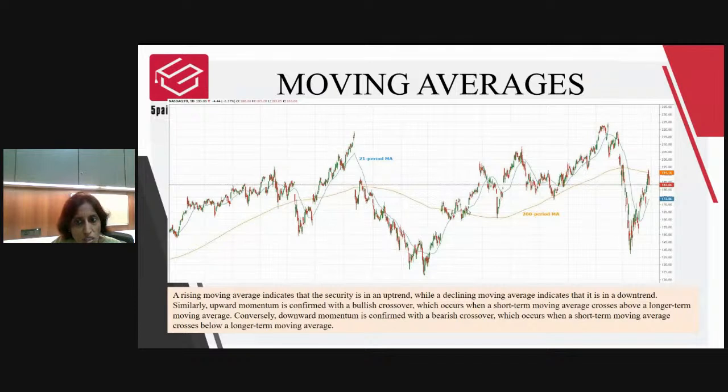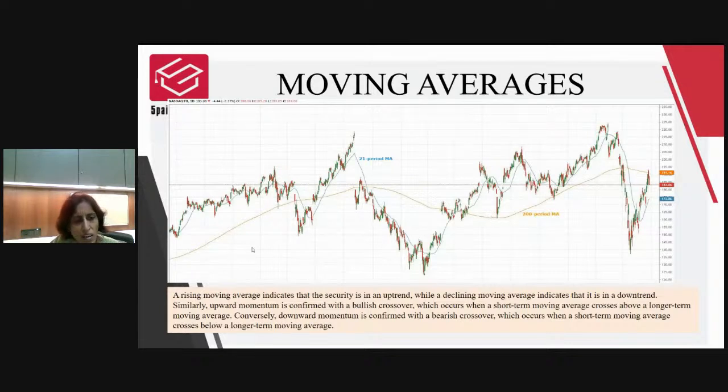Now, if you take a 200 period moving average, as you can see, the curve is more smooth, whereas in the case of a 21 period moving average, you can see more peaks and drops, and it's not that smooth as compared to 200 days. So the shorter time period is more used by a trader, and the longer moving average is more conducive for an investor.